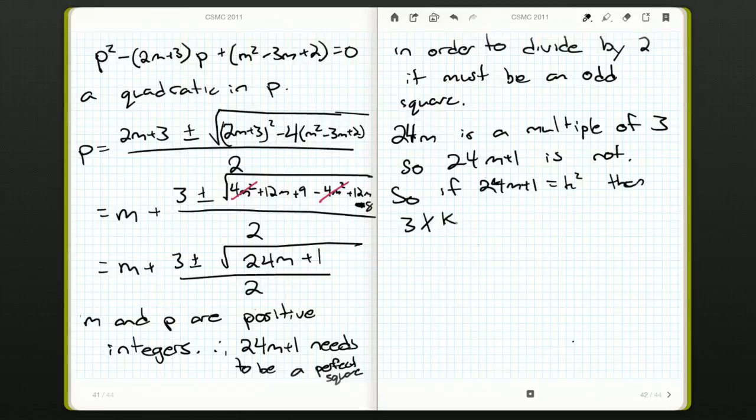Alright, so it needs to be an odd square and not a multiple of 3, so we're narrowing down our options here. Now it's an old job interview question to show that every odd number squared that's not a multiple of 3 is of this form. So let's see if I can remember how to do that.